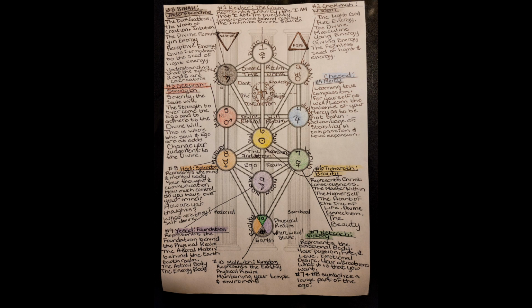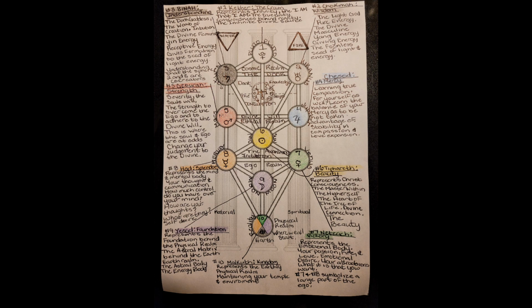Now we'll begin by starting with sphere number 10, which is the very bottom sphere. You'll notice that this bottom sphere is cut into 4 different pieces. There are 4 different colors to it. This sphere represents the physical realm, kind of where we all start.